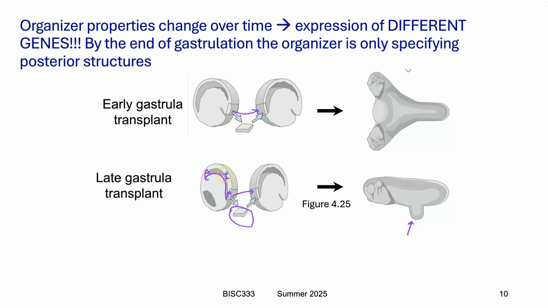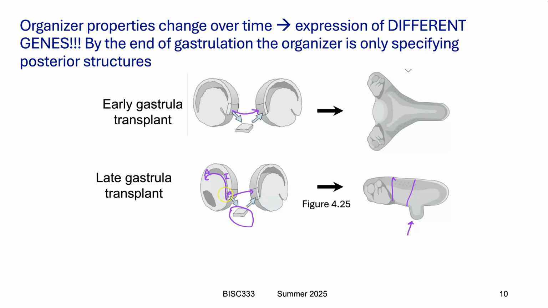There have been experiments done midway through this process, and if you transplant some of the intermediate cells, you get something that's really hard to draw, but you do get a duplication of the trunk region, which is the middle region between the head and the tail.